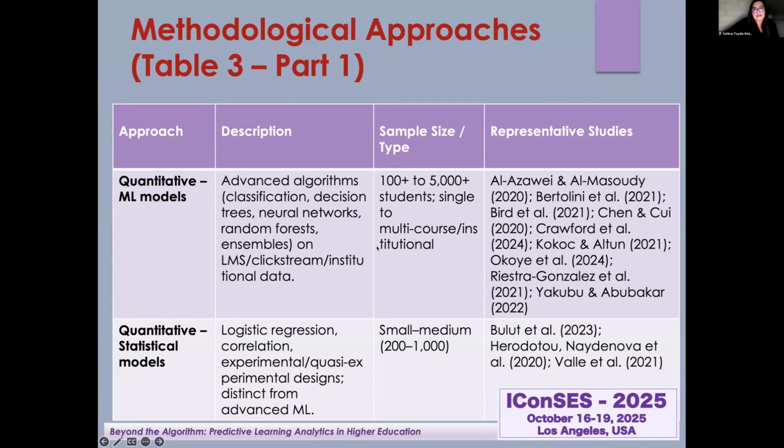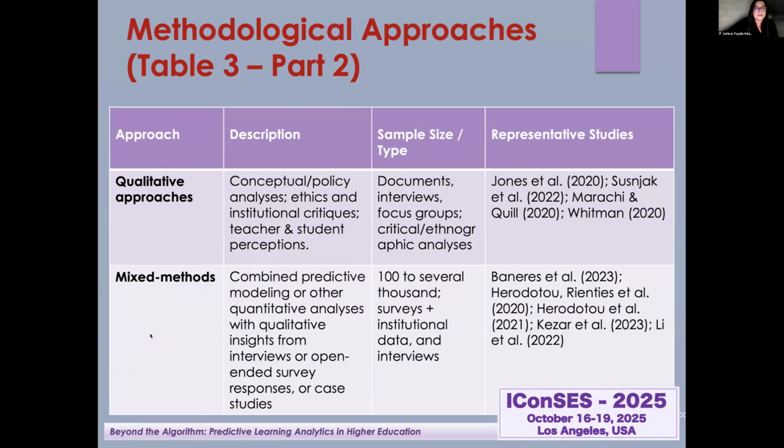So these are very common as quantitative designs. But traditional statistical models were also used as a quantitative approach in some of the studies, such as logistic regression, correlation, experimental or quasi-experimental designs, distinct from advanced machine learning models.